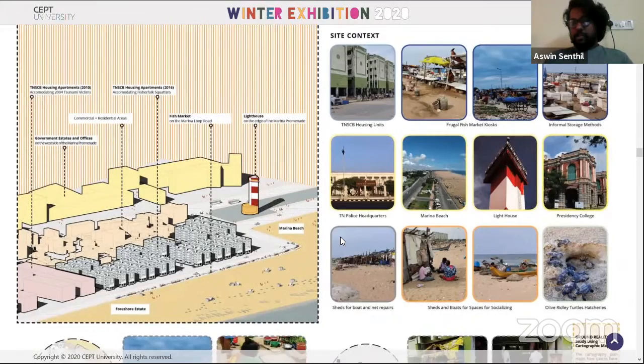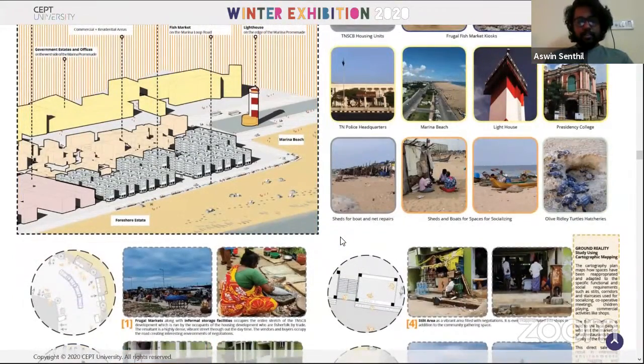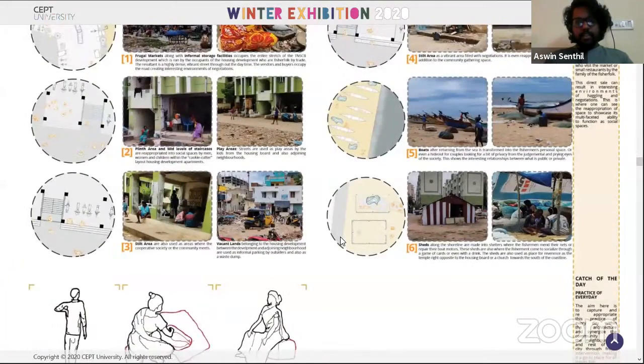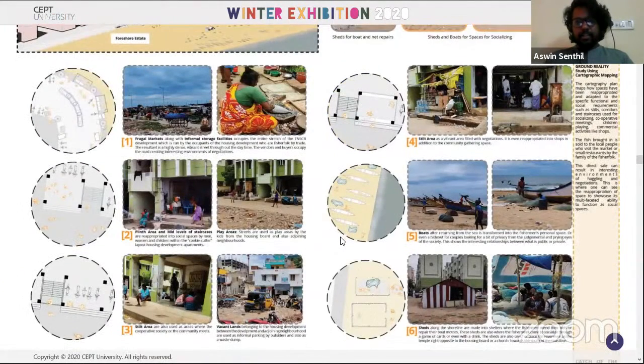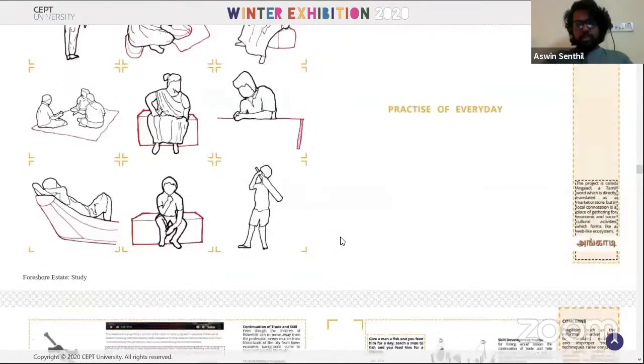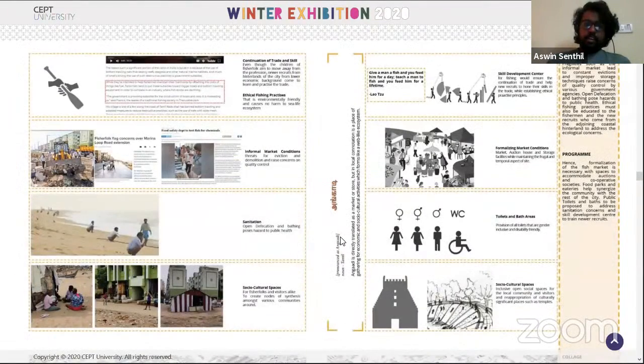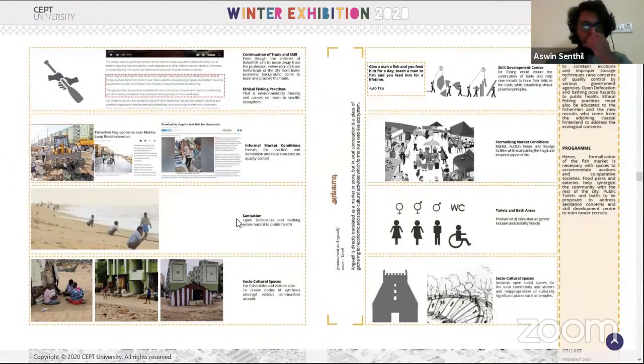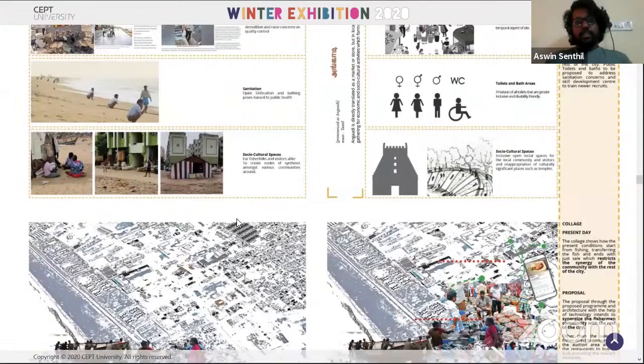Next slide, please. Just a context study and everything. So this was basically a fishing hamlet by the sea near Marina Beach, which was one of the most prime real estate. The study was done using cartographic mapping, where I was able to look into the practice of every day and identify what the fragilities and concerns were.